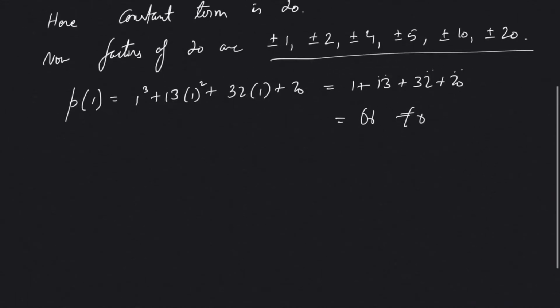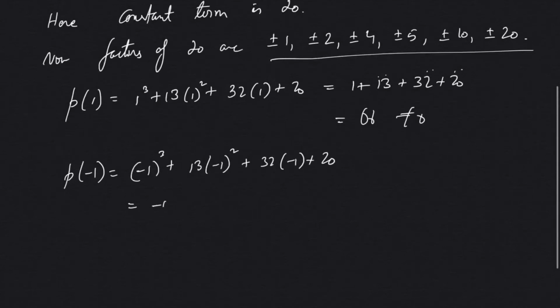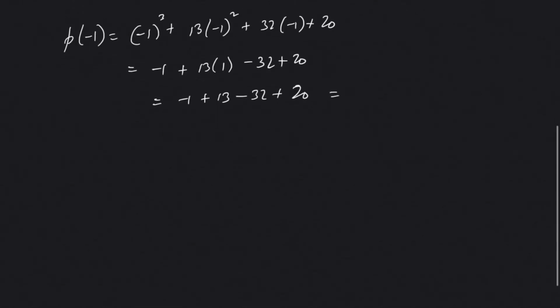Definitely this is not equal to 0. Let's try minus 1: minus 1 cube plus 13 into minus 1 square plus 32 into minus 1 plus 20.